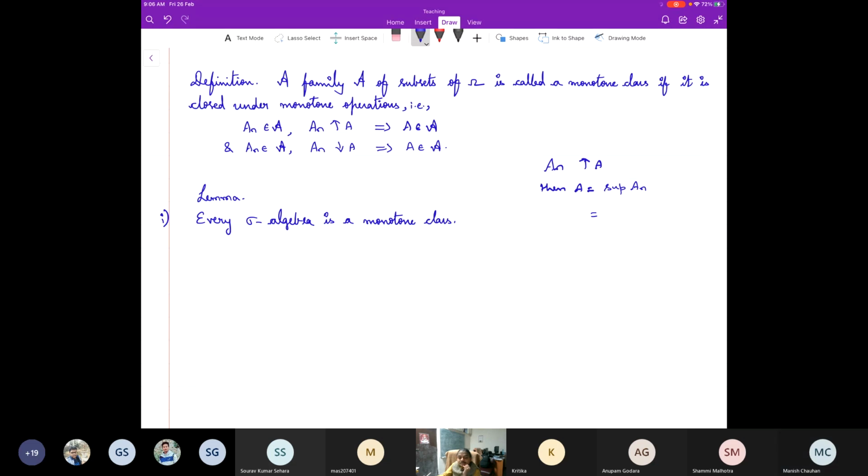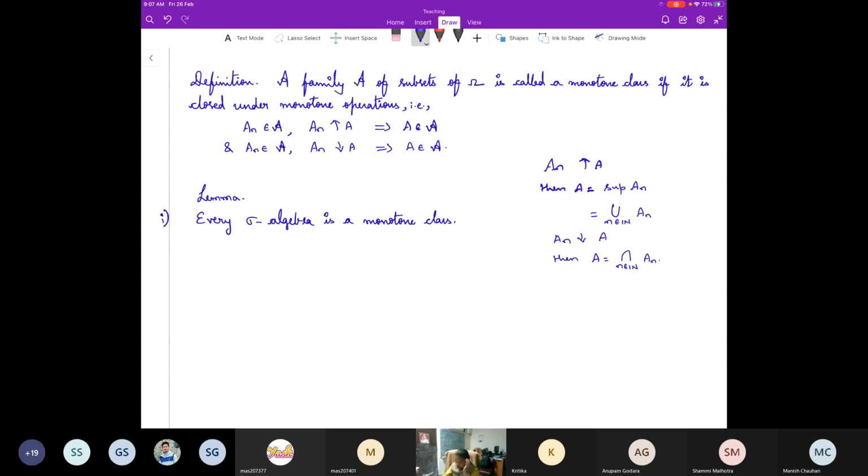The union over n in N. Yes, this is exactly the limit. And similarly, if A_n is a decreasing sequence of sets, and it decreases to A, then A is the infimum, which is the intersection over n in N of A_n.